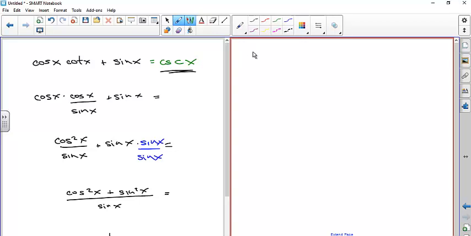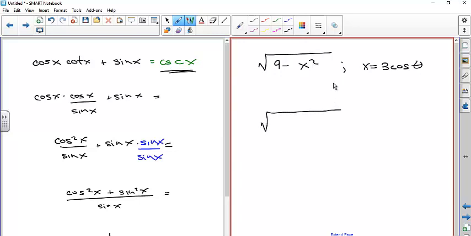So you have this square root of 9 minus x squared, and the substitution is that x equals 3 cosine theta. So we want to substitute this into the square root expression, and rewrite this in terms of trig functions, because if I can reduce this down to something simpler, I can probably deal with it in calculus.